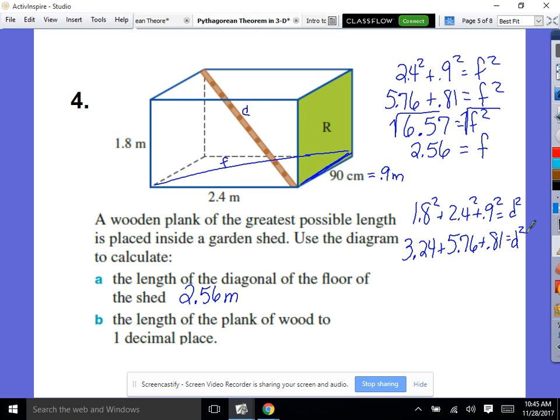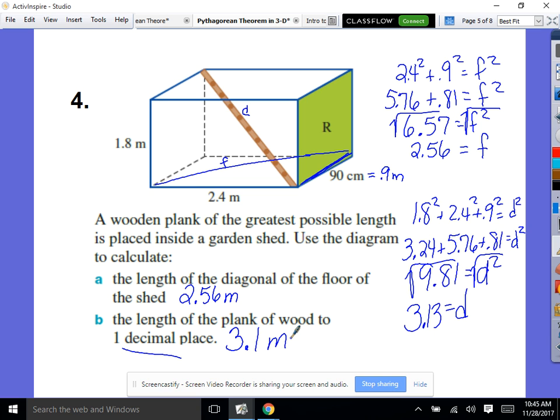So 3.24 plus 5.76 plus 0.81 equals 9.81. And if we take the square root of 9.81, we get D equals 3.13. So the length to 1 decimal place would be 3.1 meters.